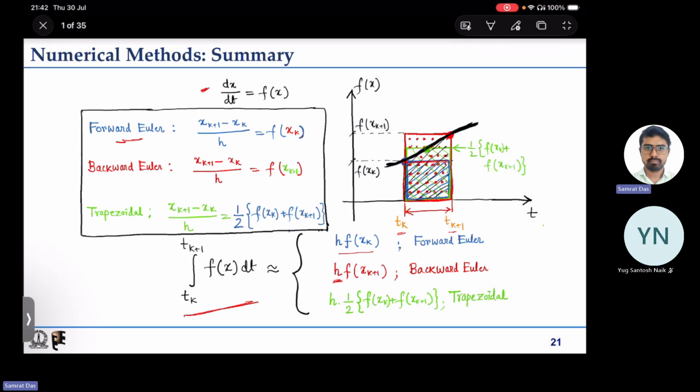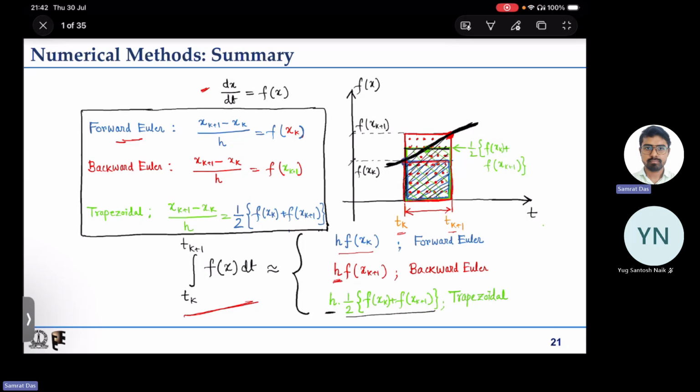The error can be minimized by taking an average of the two, that is, approximating f(x) with the green one, which is the average of f(x(k)) and f(x(k+1)). In this case the integration output will be the green hatched one: h is the horizontal distance, and the vertical distance is half of f(x(k)) plus f(x(k+1)). These are expressed in these equations also.